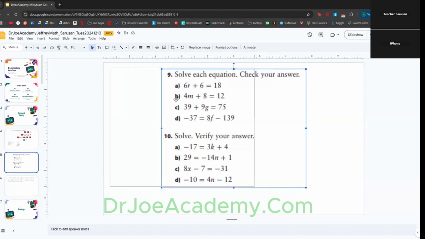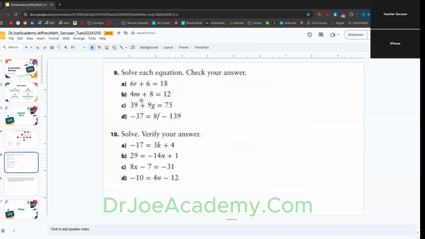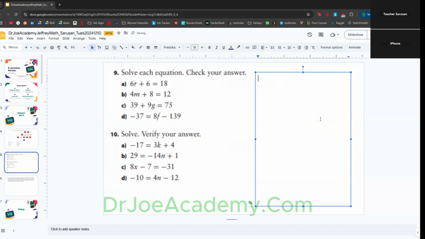Let's check this question out now. This says to solve each equation, and it looks like it's one variable for each equation, so it should be pretty simple. Let's do every other one. We'll do A and C for both of these questions.